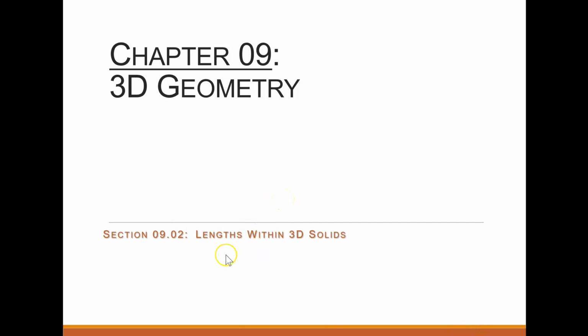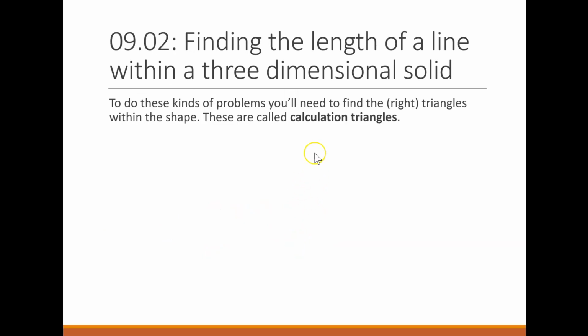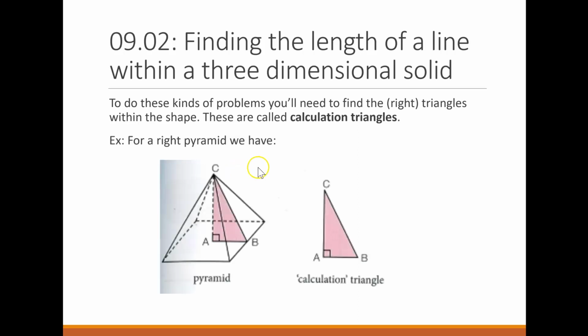So in section 2, we're going to talk about finding lengths within a three-dimensional solid. To do that, what we're going to rely on are called calculation triangles. In general, we're going to want to find right triangles within our three-dimensional figure that we can use to find the desired segment.